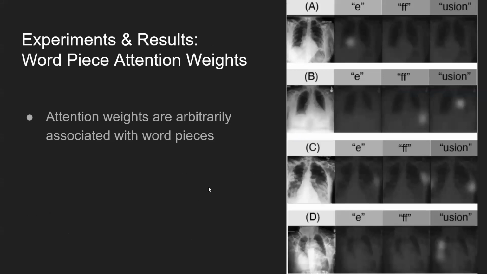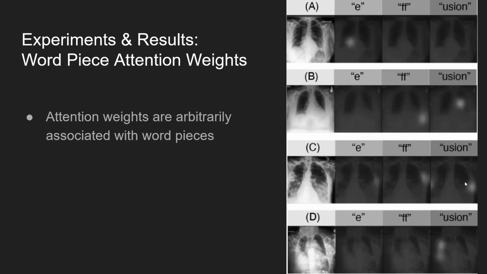So then I want to discuss the word piece attention weights. The attention weights were arbitrarily associated with word pieces. So we can see in this case, E was the primary thing for this attention here, with the double F and the Usian not having any attention associated with them. Then the attention weight in the next one was not associated with the E, but was instead associated with the double F and the Usian.